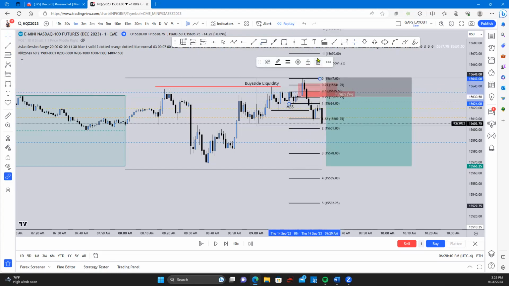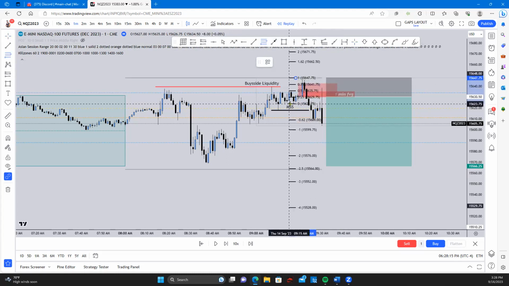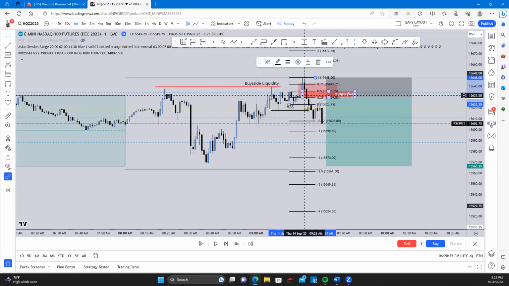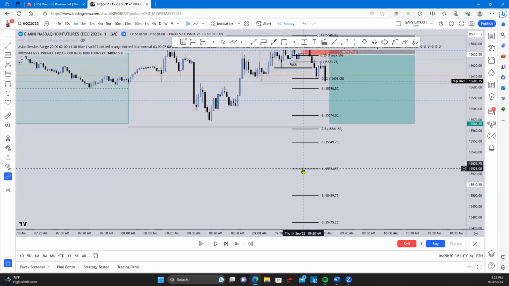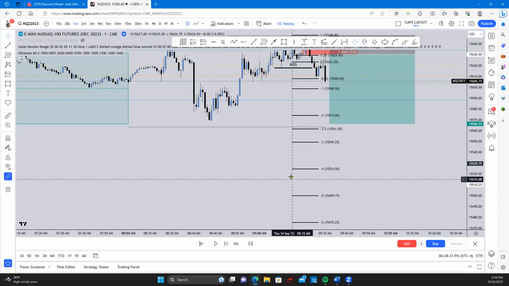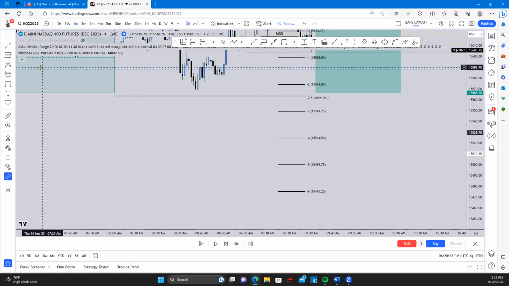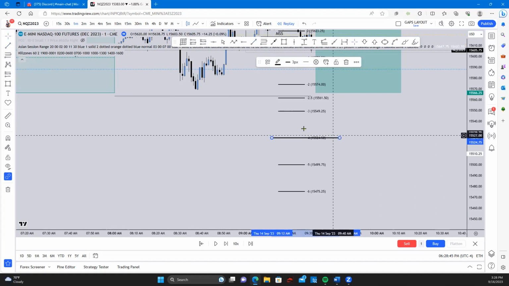We'll do it the opposite way because we're going down. So the manipulation higher here before the displacement is going to give you somewhere around 4 standard deviation, which could be a possible reversal. So if we use that, this area could be our possible reversal area.